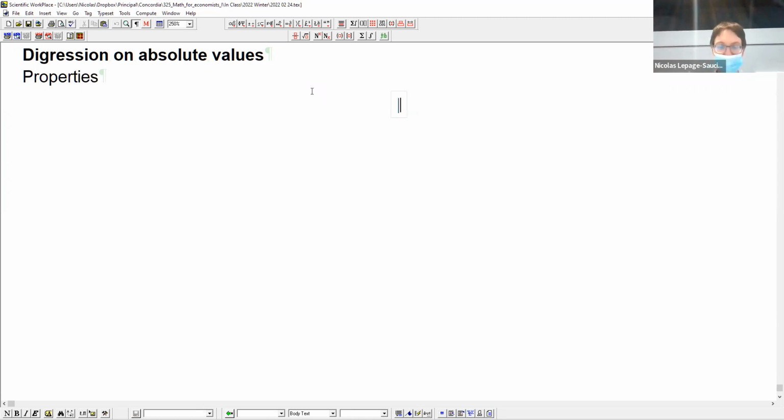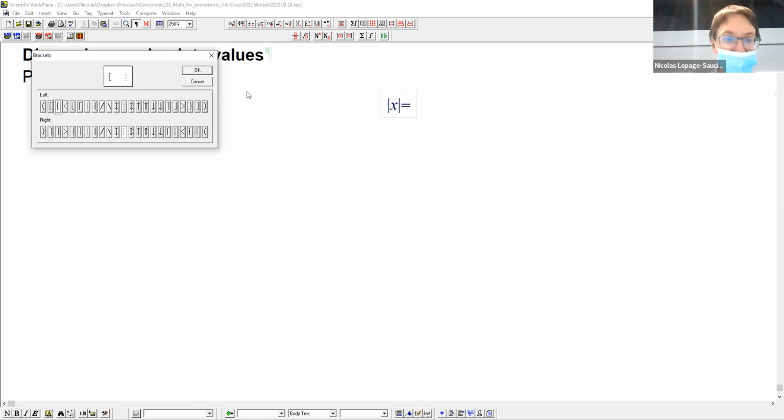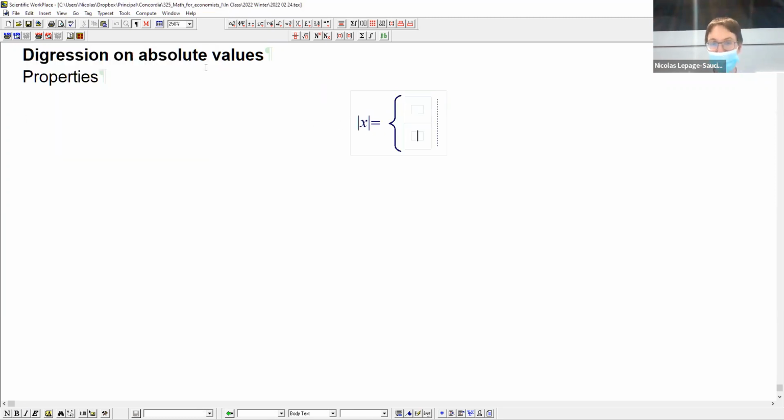The absolute value of x equals x if x is greater or equal to 0, and it equals minus x if x is smaller than 0. And of course, you could write it with the equality on the other side.